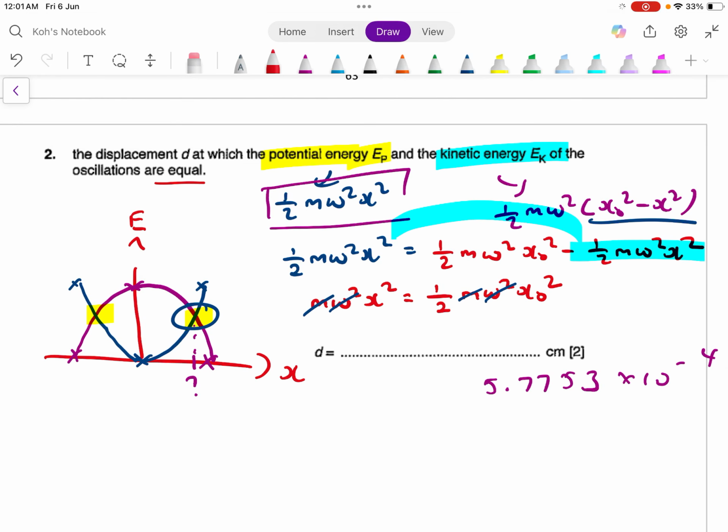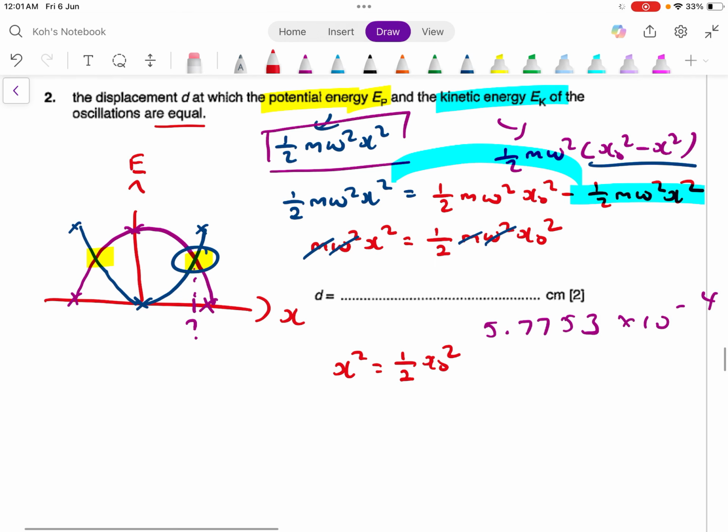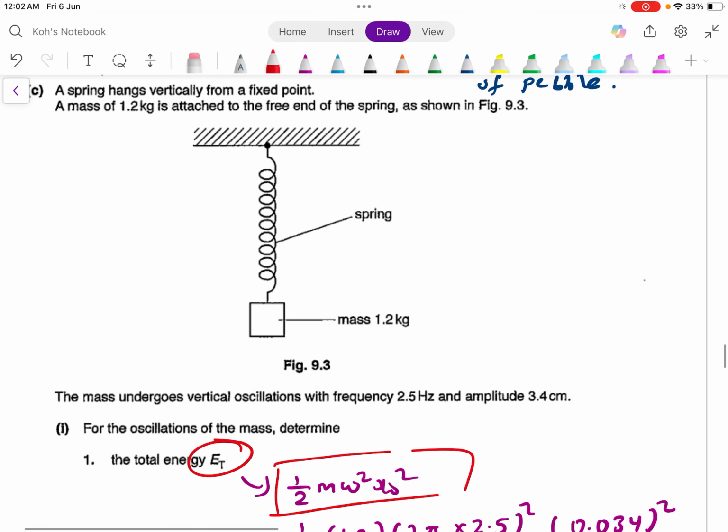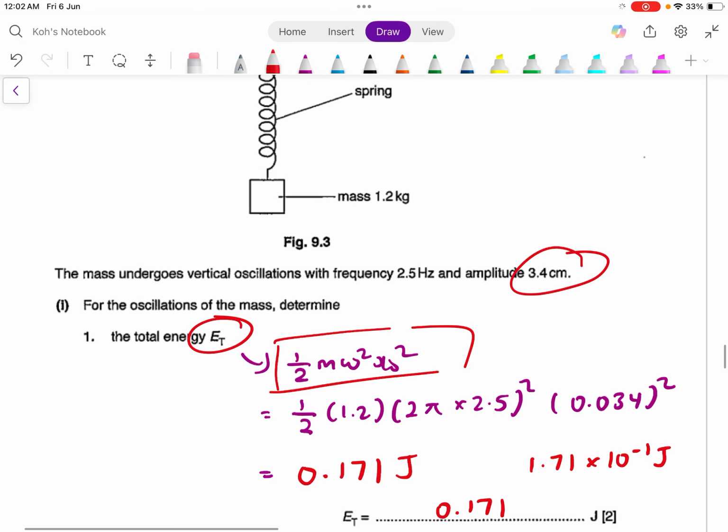So you just solve for x. x square is equal to half of x naught square, so you take the square root and get x equal to 1 over square root 2 times x naught. We know our x naught is the amplitude, 3.4 centimeter.